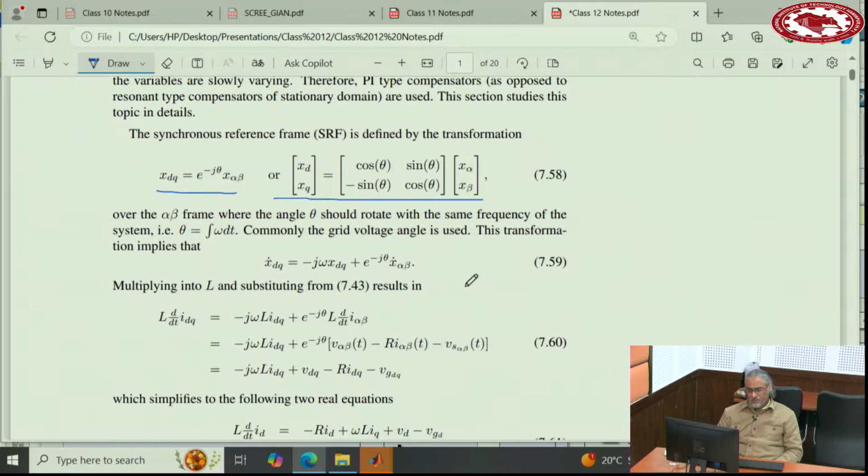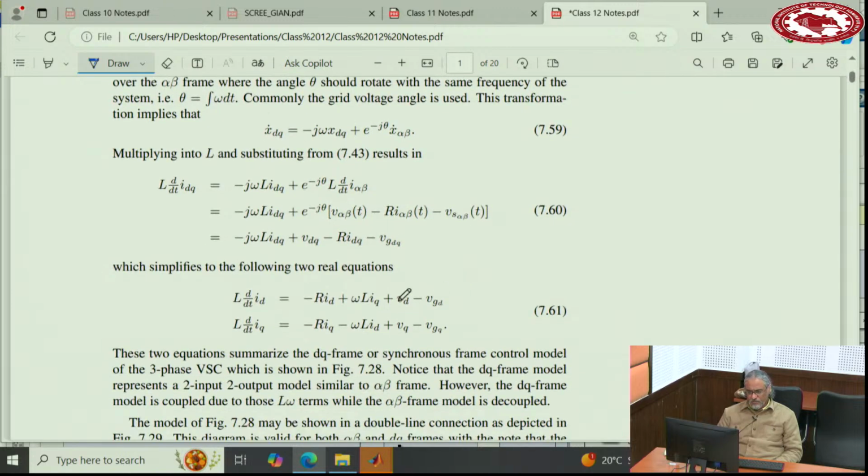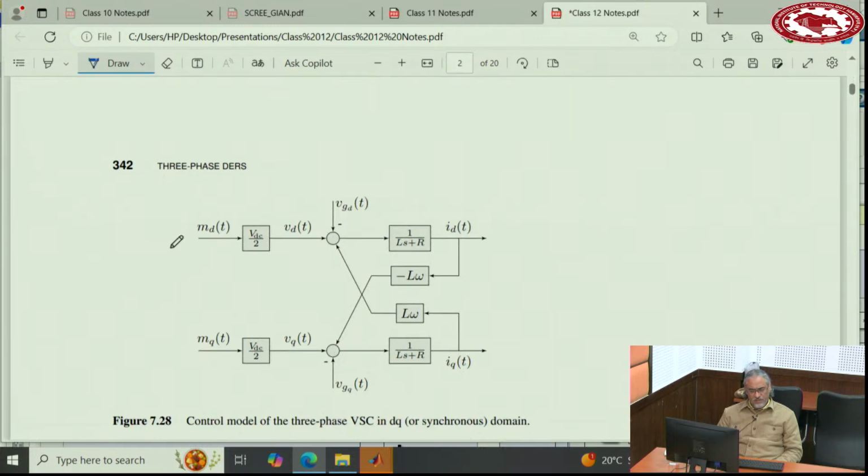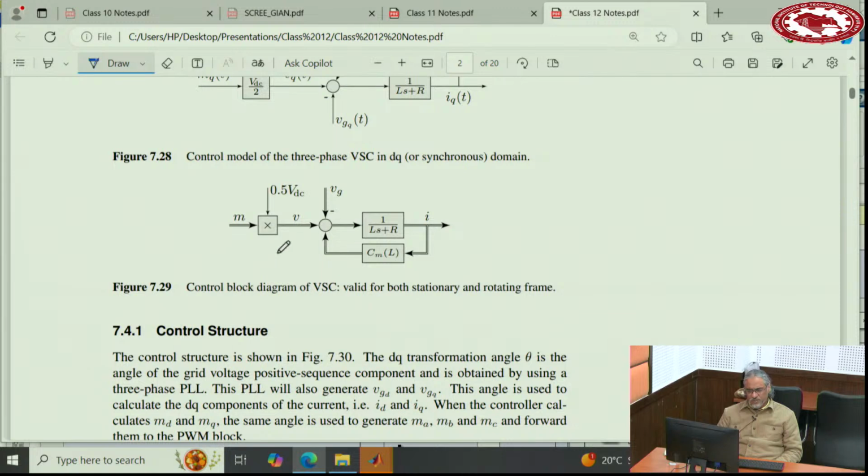And then once mathematically defined, you can derive the equations of the converter, and the coupling terms obviously are there. These are the coupling terms. And also we use this vector notation or matrix notation that we have, very convenient. And by the way, this notation here is very nice because if you put this Cm equals 0, this is valid for alpha beta.